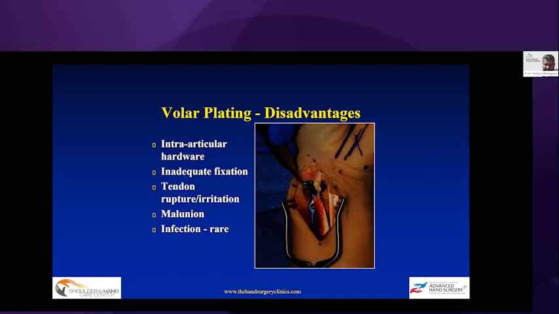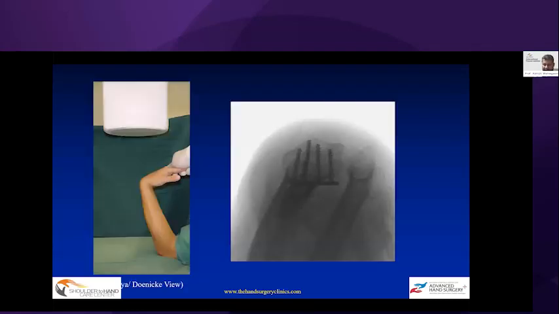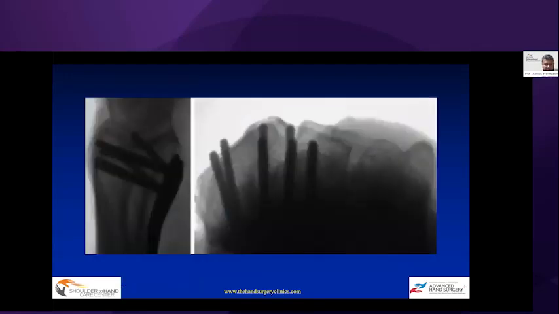Here is a case in point where you can see the tendon rupture because of a proud plate and a proud screw. Implants that are within the joints are not very uncommon. One easy way to determine whether your screws are proud on the dorsal aspect is to take what is called a Hoya or the Dernick view.